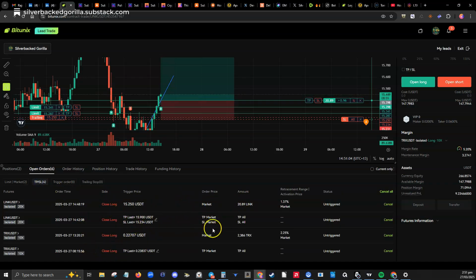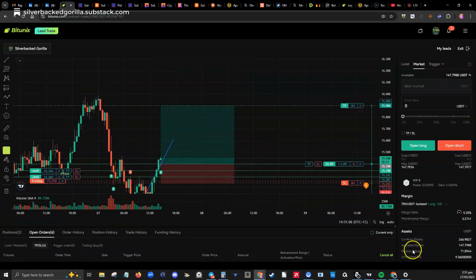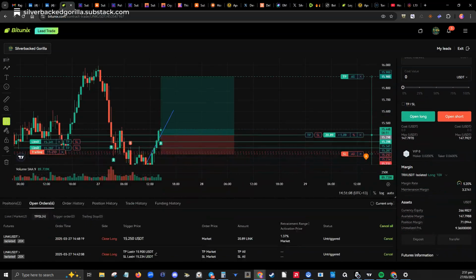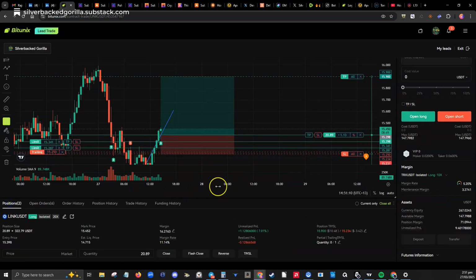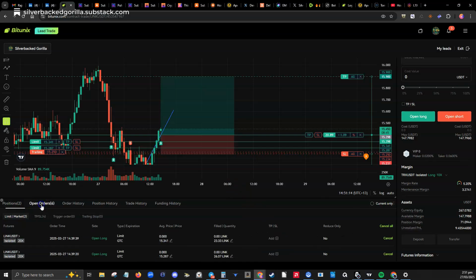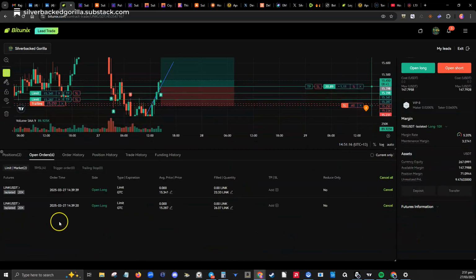Take profits and all that sort of stuff is not so much of an issue, but if you're out of all your trades or some trade just closed, just go back to open orders and make sure you haven't got any random stuff in there. Limit orders, like I've got 2 limit orders I know about, which is this one and this one. As the stop loss hasn't moved past these, as they go past them, I can cancel them because they'll never get there.